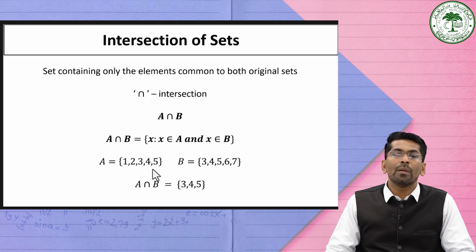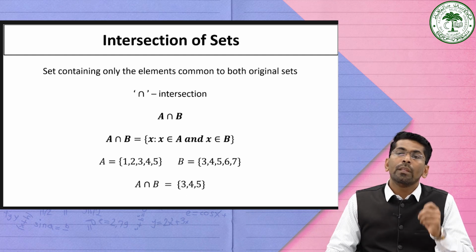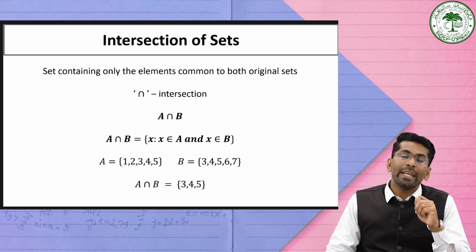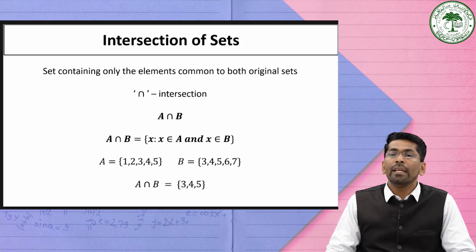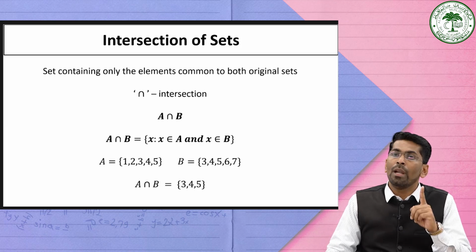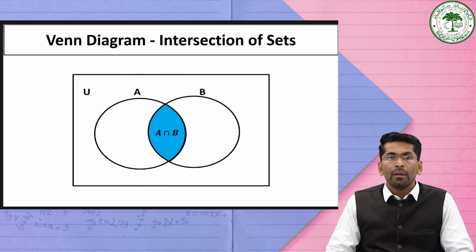In both sets, 3, 4, 5 are there. So A ∩ B = {3, 4, 5}. In this case also, the order of elements in the intersection doesn't matter, and repetition is not considered. Each element is listed only once.